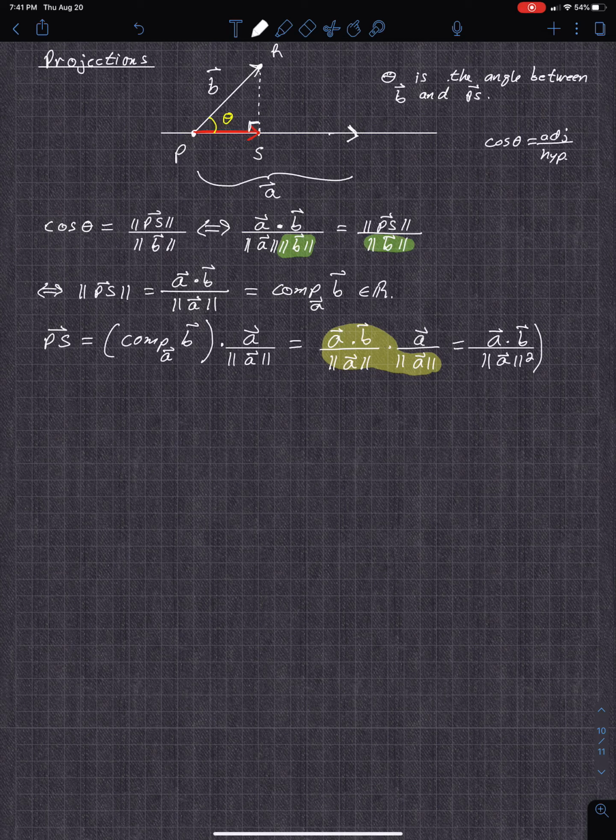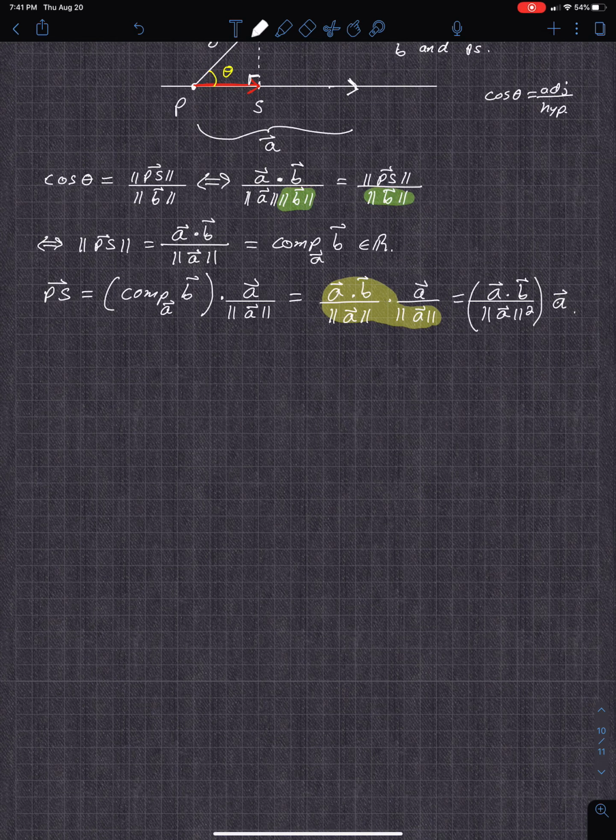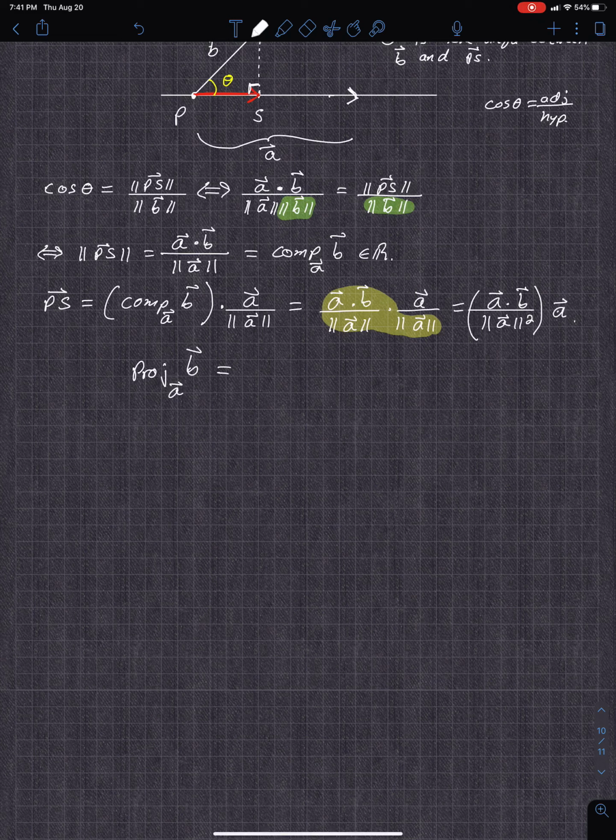That's your coefficient, and then it's times A. So that is considered to be the projection of the vector B onto A. So that's how you say it: A dot B over magnitude A squared times A.